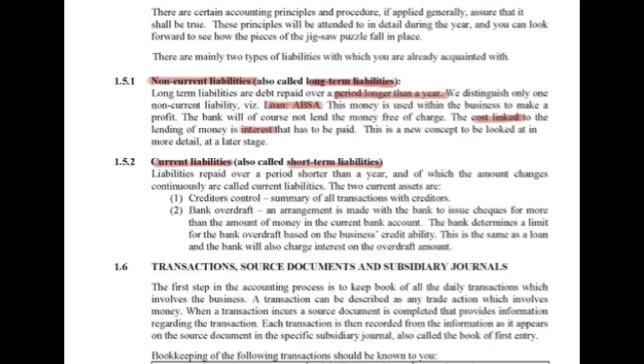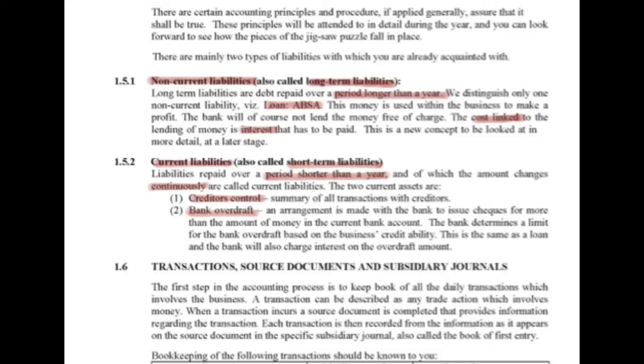These are liabilities repaid over a period shorter than a year, and of which the amount changes continuously. The two current liabilities we get are called, first of all, your creditors control, and secondly, your bank overdraft.